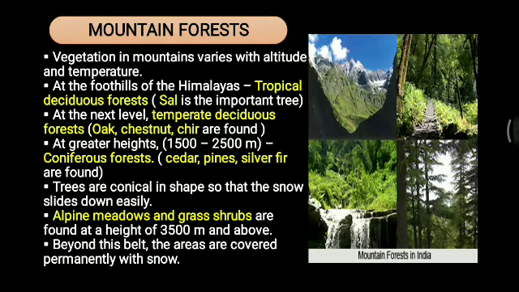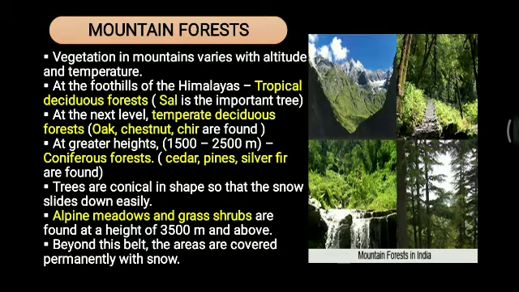Alpine meadows and grass shrubs are found at a height of 3500 meter and above, and beyond this belt, the areas are fully covered with snow. So these are the things.